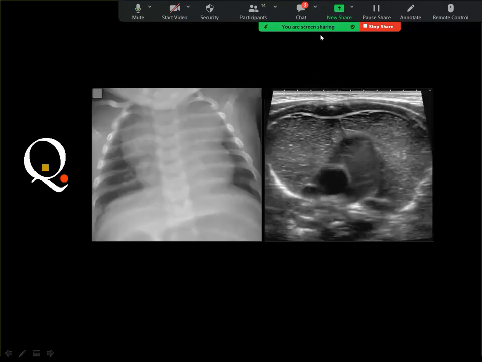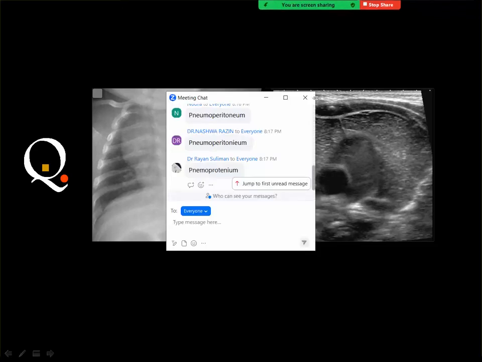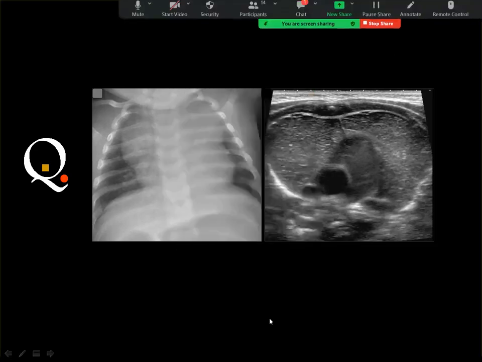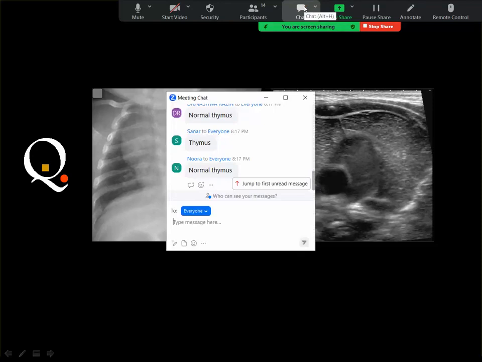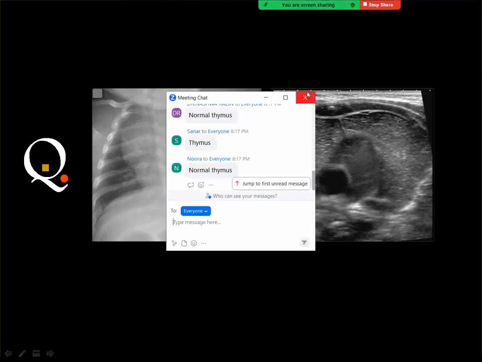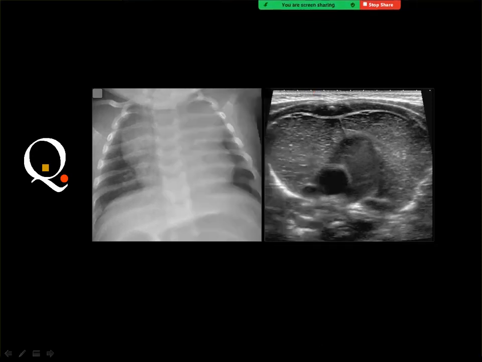The next case is a chest X-ray and ultrasound for this superior mediastinal shadow. Yes, very good. This is normal thymus.